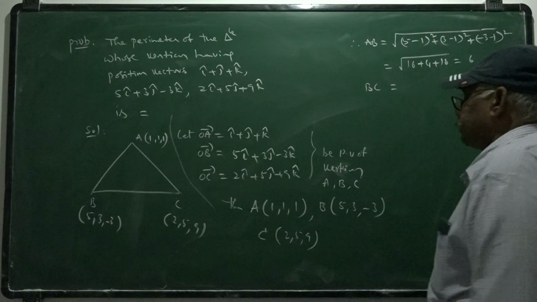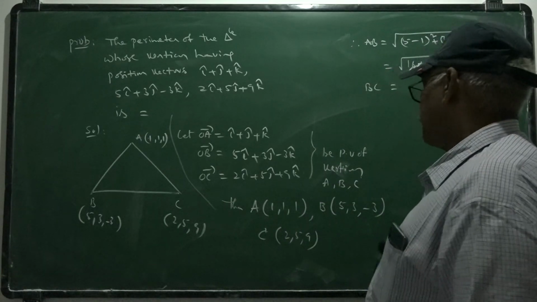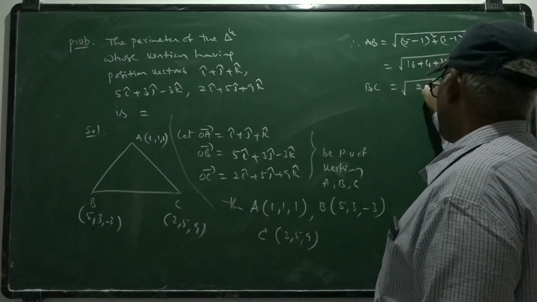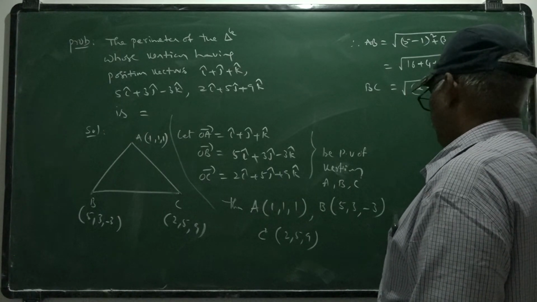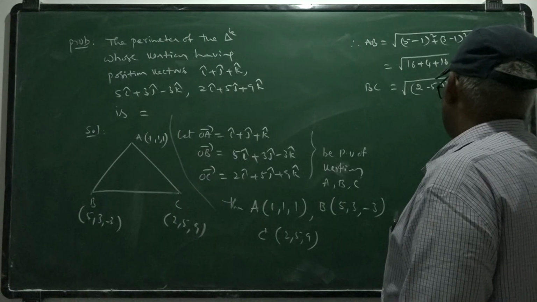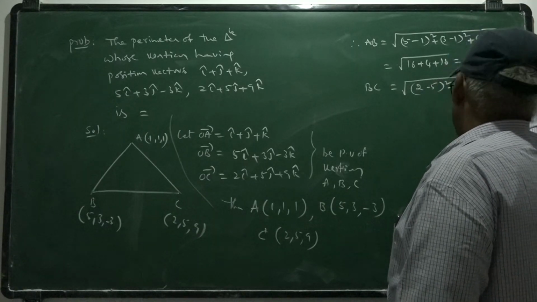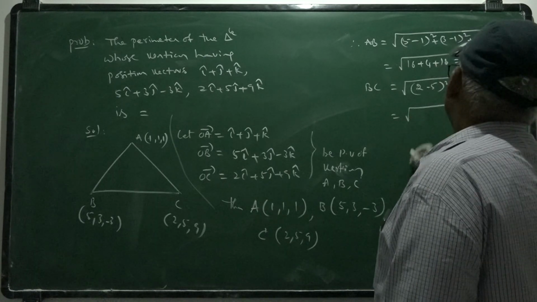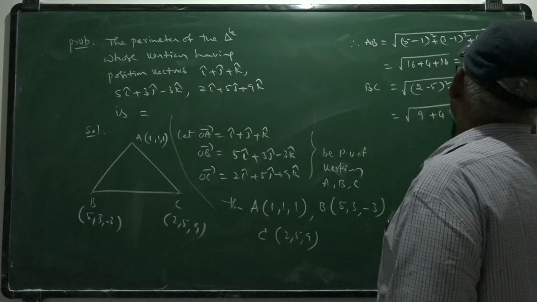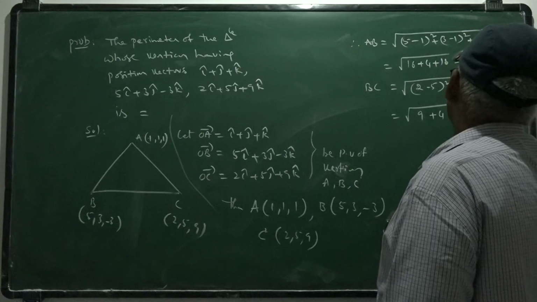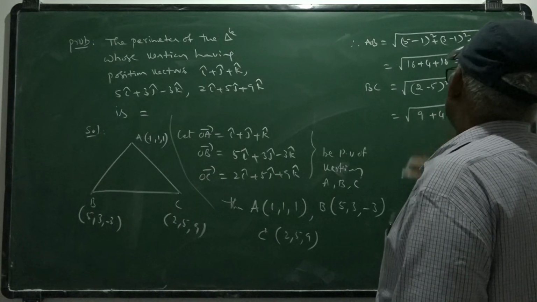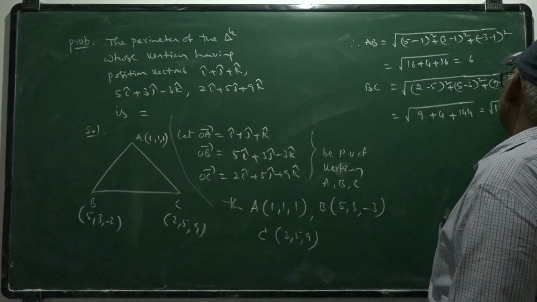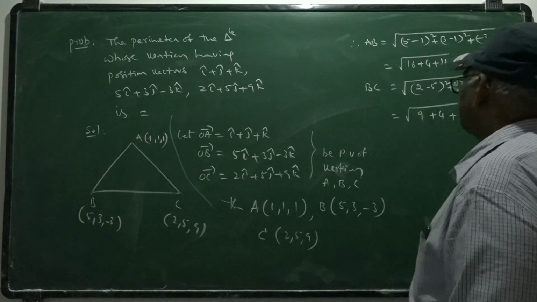Similarly, the length of the side BC is 2 minus 5 whole square, 5 minus 3 whole square, 9 plus 3 whole square. That gives us 9, 4, 144. So it is 177, root 177.